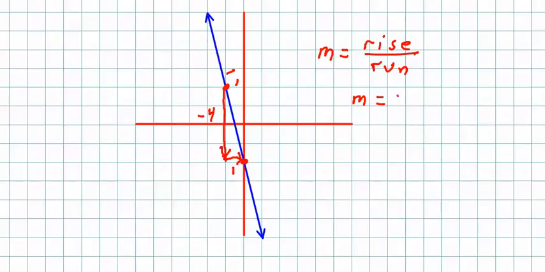My slope is negative 4 over a positive 1, or negative 4. You can write the answer as a fraction or as an integer. Again, we go from one point to the other, doing the rise on top, the run on the bottom.